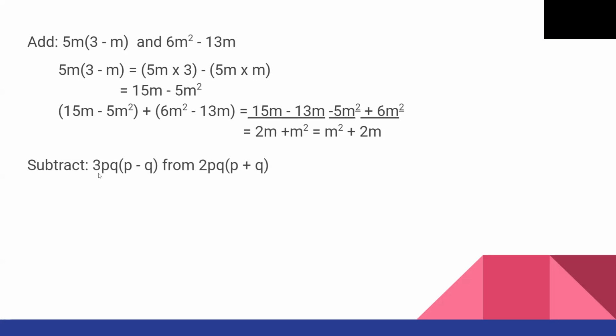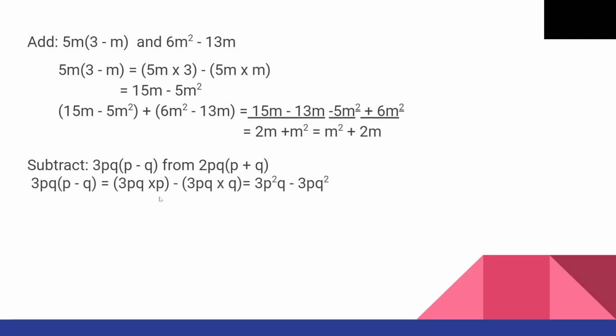Subtract 3pq into p minus q from 2pq into p plus q. So first we have to simplify the first expression, then we have to simplify the second expression. From the second answer, the first part answer we have to subtract. So let us simplify the first part. 3pq into p minus q equal to, first 3pq we have to multiply with p.